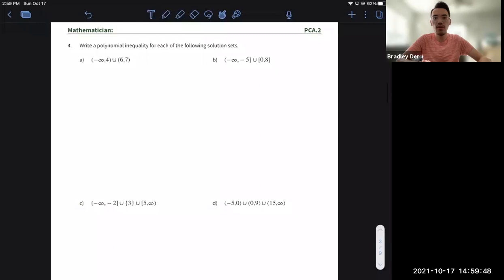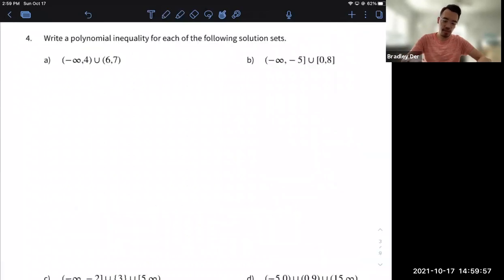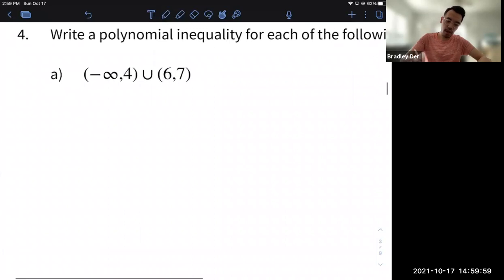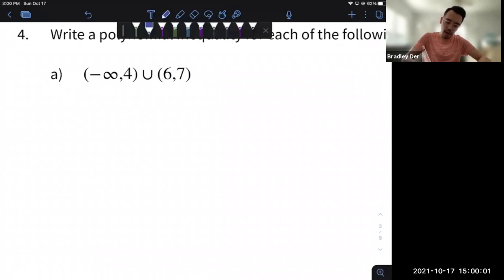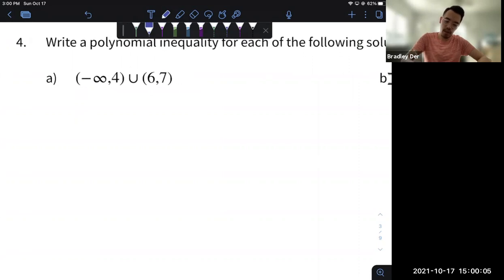All right, let's move on to page 3. Now we're going to go backwards, right? We're going to write a polynomial inequality given a certain solution set. All right, so I'm going to look here. The fact that we are using parentheses on our values, or anything that's not infinity, that's telling me that there is not going to be an equal to, right?